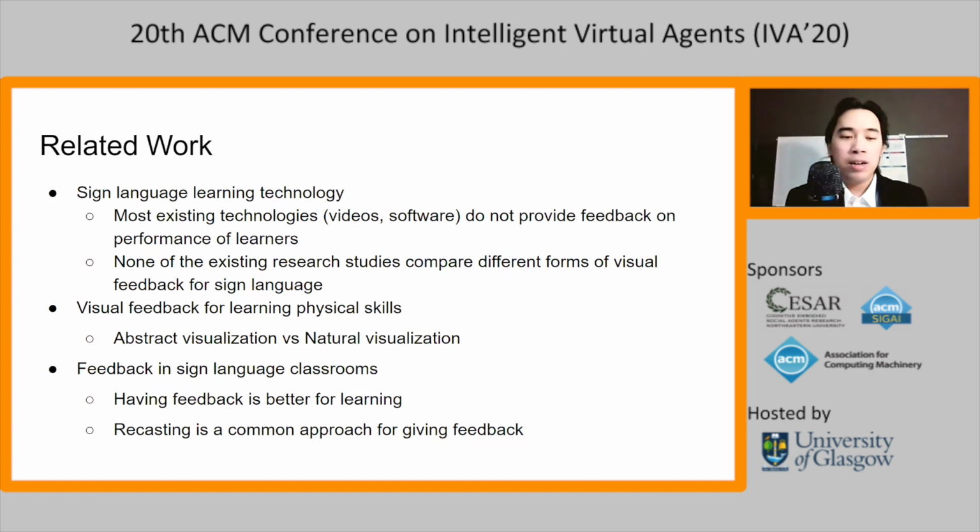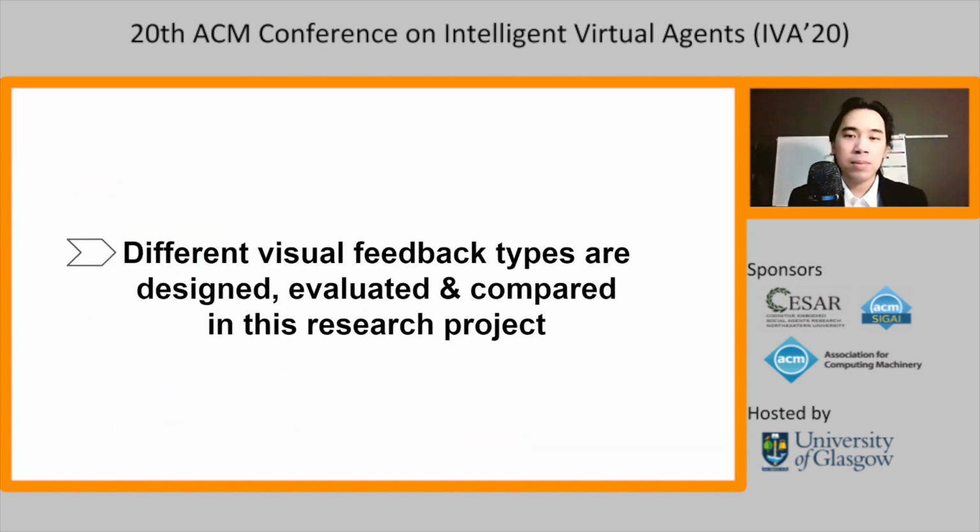Recasting is a technique in which the teacher will perform the correct sign again for the student to learn from. Different visual feedback types are designed, evaluated, and compared in this research project. And this is the main point of the paper.